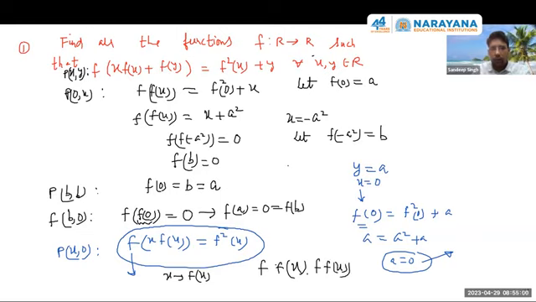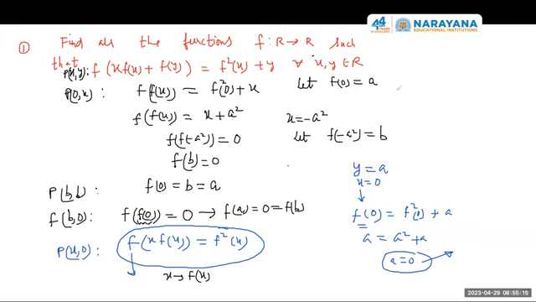No, not that. Not x to fx. F of x fx is f square x. So somehow again you have to obtain f of x fx. For that, what do you need to do? What next? Put b comma y. b is a only. So a comma y you want to put.